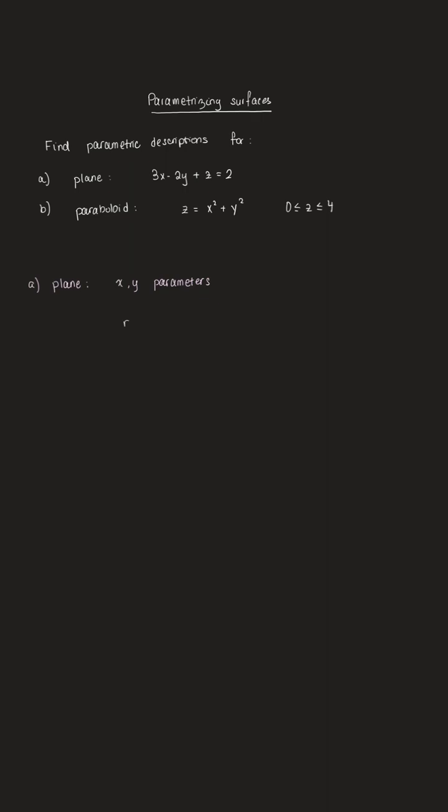So this is kind of a trivial parametrization, but it's nice because we don't have to change any coordinates. And we can say, all right, we'll just let our first coordinate be x, our second one be y, and we know that z can be described by 2 plus 2y minus 3x if we solve the equation of the plane for z.